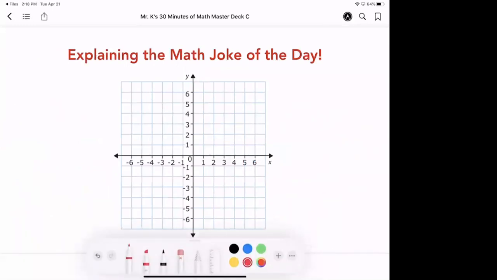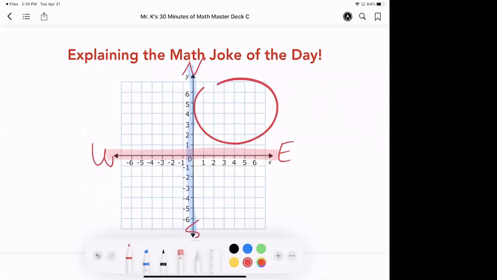When we look at the coordinate plane, remember we've been talking about this. Here's our x-axis, and here's our y-axis. You can think about this in terms of directions: north, south, east, and west. So the area over here would be northeast, and the area down here would be southwest.